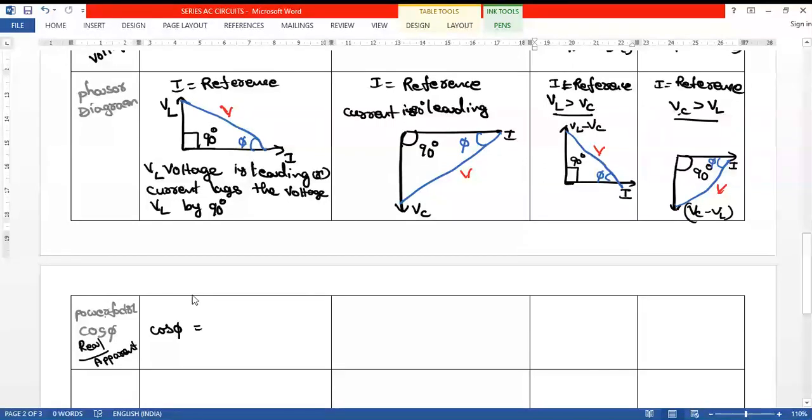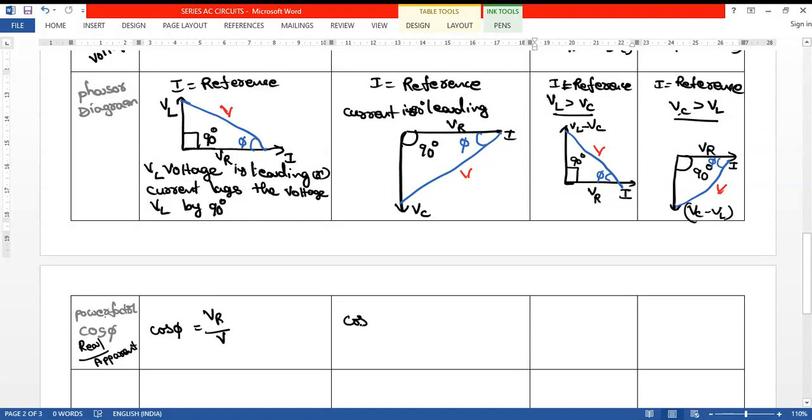So cos phi is equal to VR by V. The series RL circuit has lagging power factor.